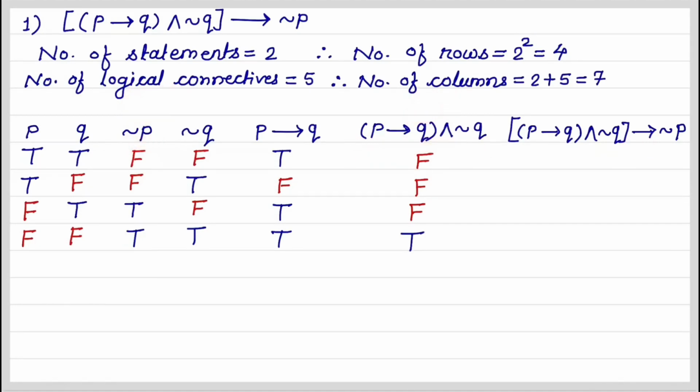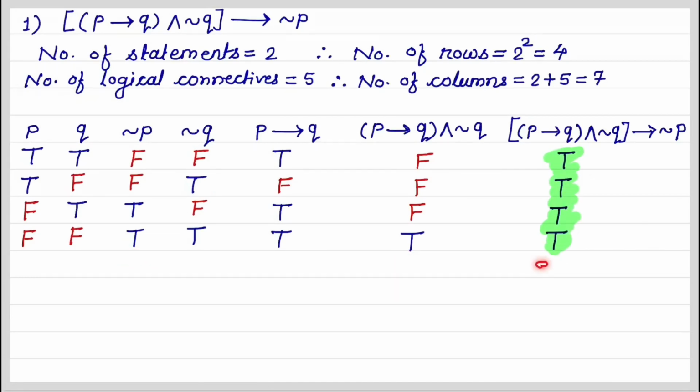When first 3 values are false, no need to see what is the value of second statement. First 3 values will be true. Then fourth entry, both the statements are true. Then fourth value is also true.